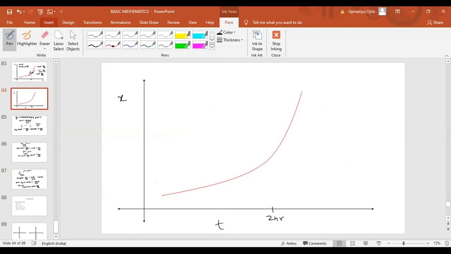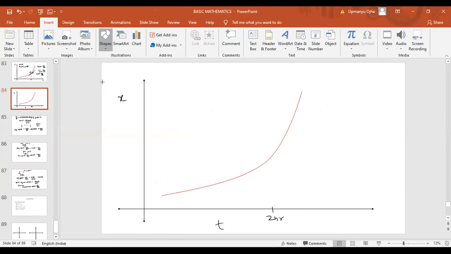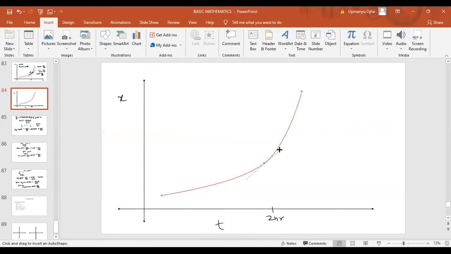To find the speed of the car at 2 hours, what do we have to do? We have to draw the tangent at that point, at 2 hours. The slope of the tangent will give us the instantaneous speed of the car.